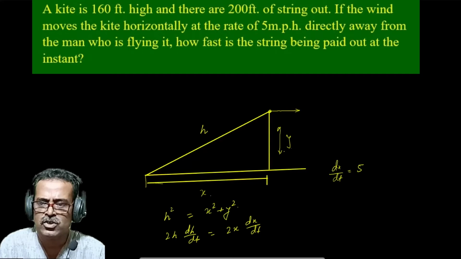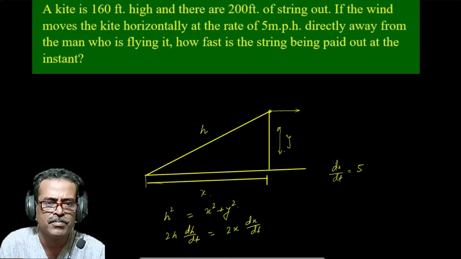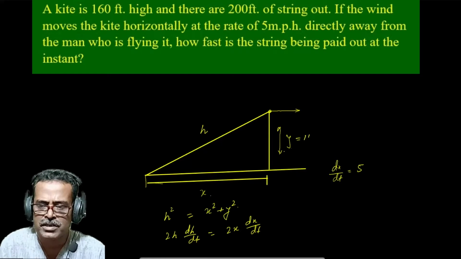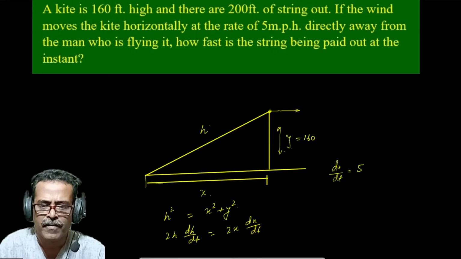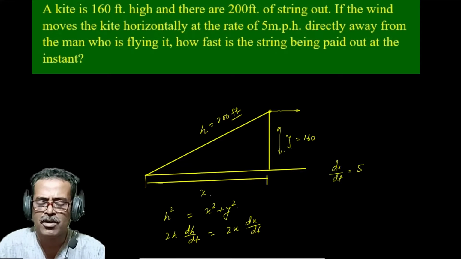How fast is the string paid out at that instant? y is equal to 200, a kite 200 feet high. x is equal to 160 feet, and this is there at the feet of string out. This is 200 feet of string out. So from this relation you can get x.